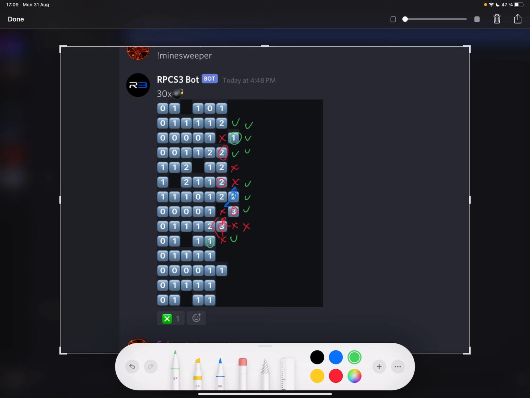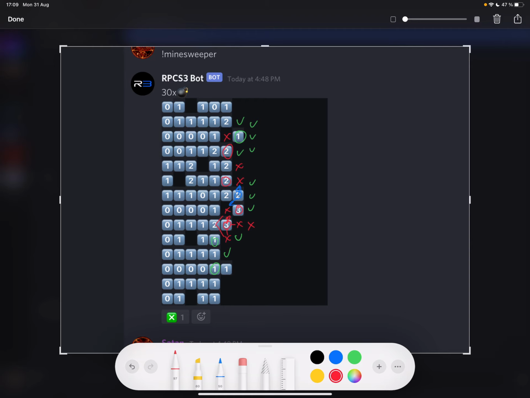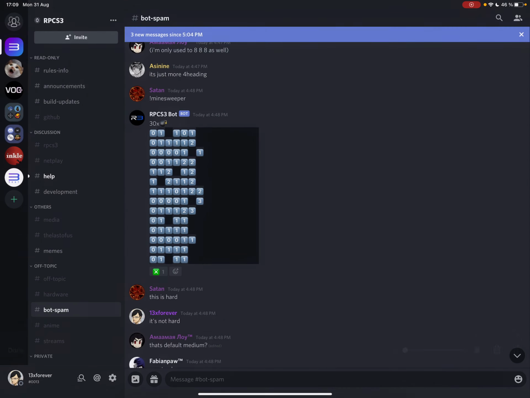And this one tells us there is no mine here. And this one is telling us there is a mine here. And this one tells us there is no mine here. So let's open what we can.